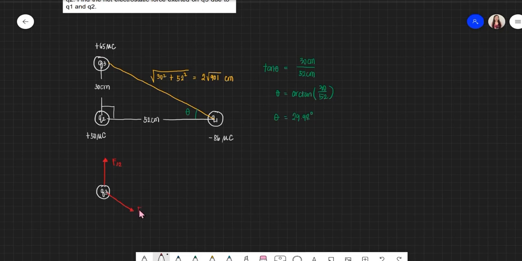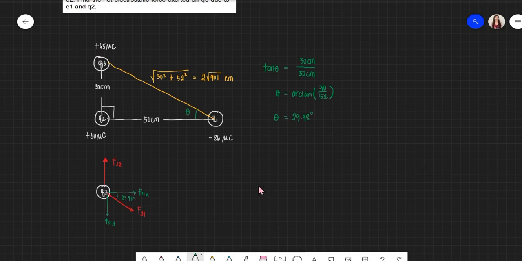So this is F on 3 by 1. But it has horizontal and vertical components. So this is the force F31X, and this is F31Y. And remember that this angle is 29.98 degrees.